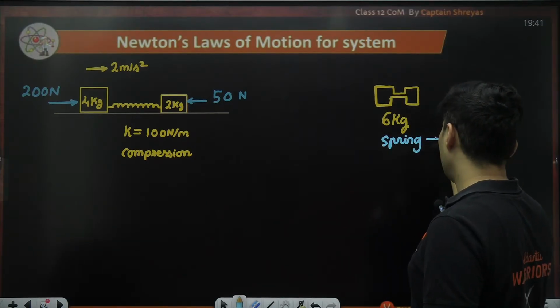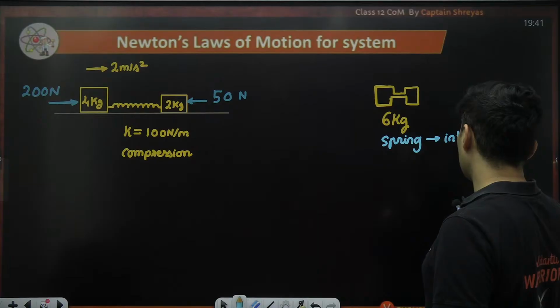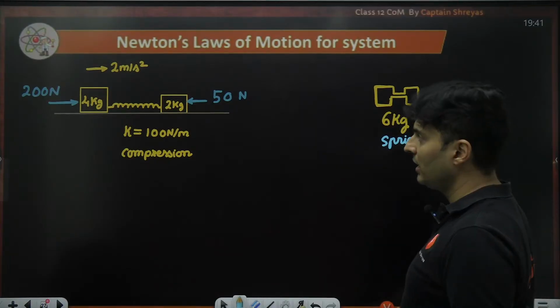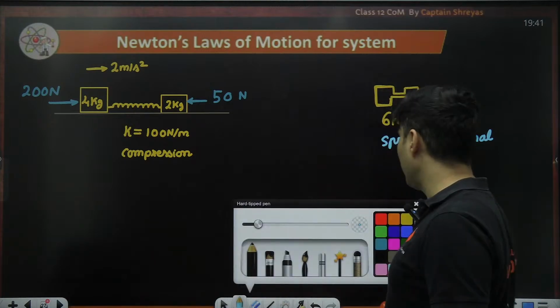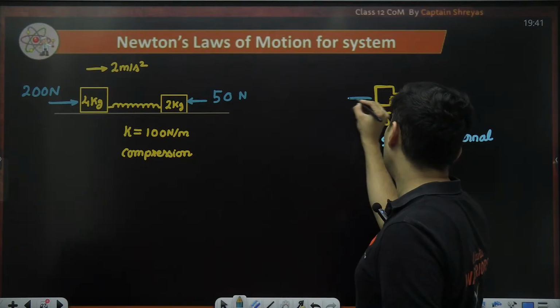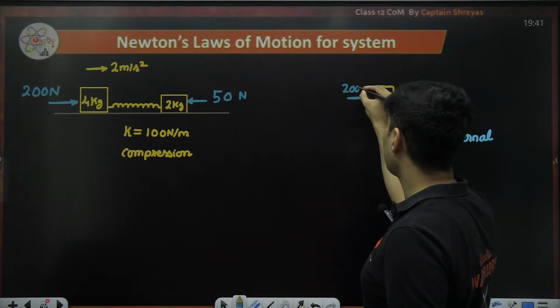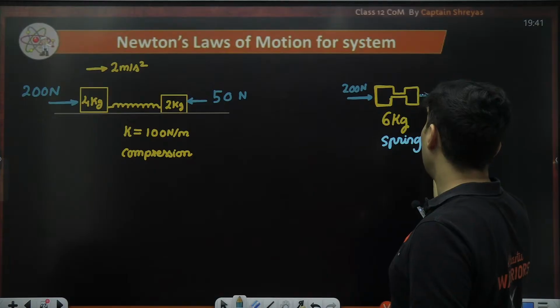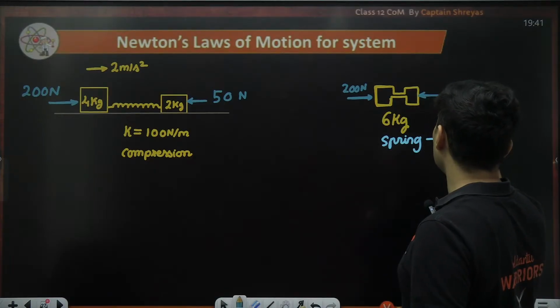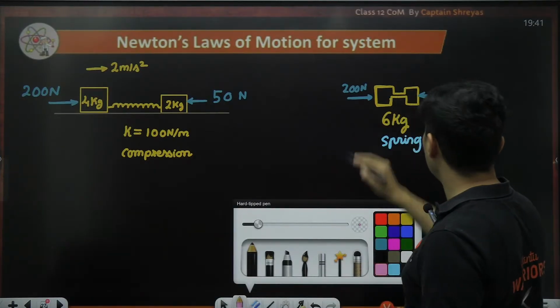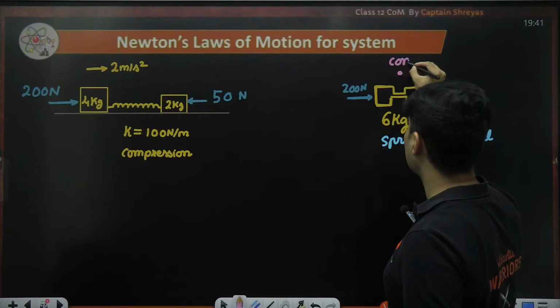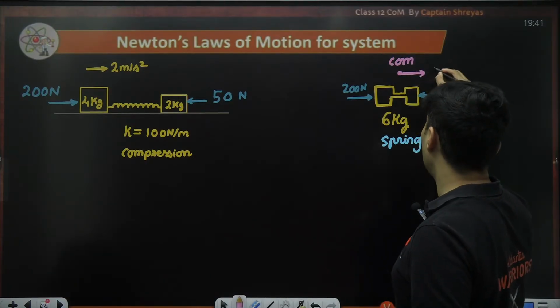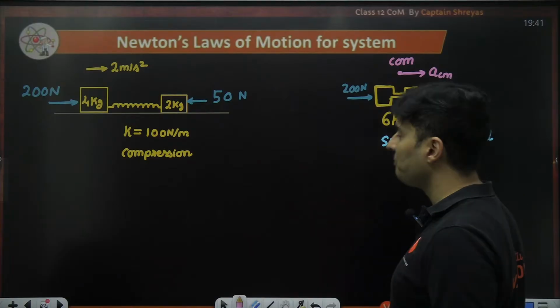Spring will become internal force, so don't even worry about it. Externally, all the surfaces are smooth, so only these forces are there. So we will have a 200 Newton force from here, and we will have a 50 Newton force from here. And as a result, bigger force is towards the right side. The center of mass will have some kind of acceleration like this maybe.